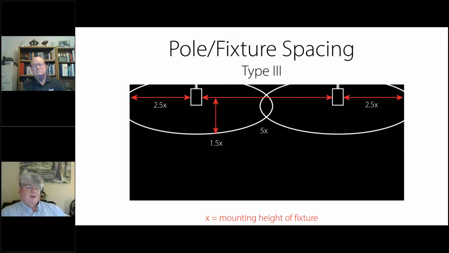And one of the things that I want to make a point about in terms of mounting height, we're talking about all this stuff in terms of mounting height, and it really goes to the essence of what this whole thing is about. If you're out in the field and you're looking at pole spacing, or somebody calls you on the phone and they want to talk about pole spacing, and they say, I want to provide light from here and I want to project it out 200 feet, the first thing you do in your mind, you say, okay, what's your pole height?